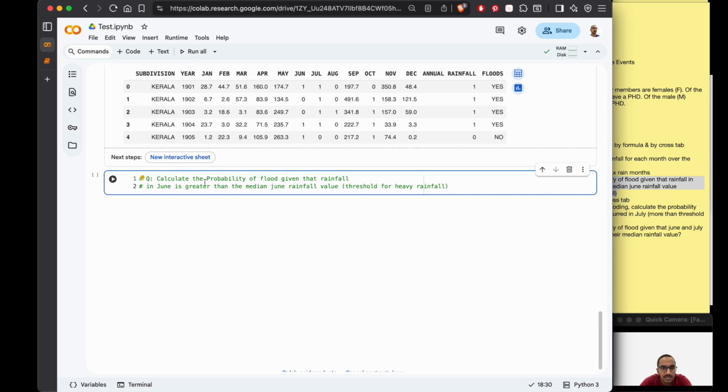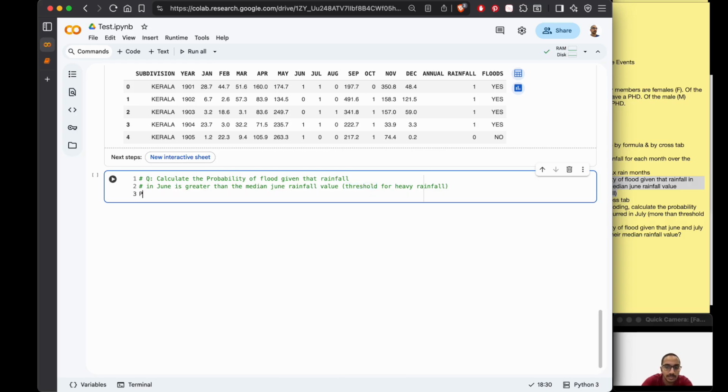So the question is, calculate the probability of flood given rainfall. So P of flood given rainfall.